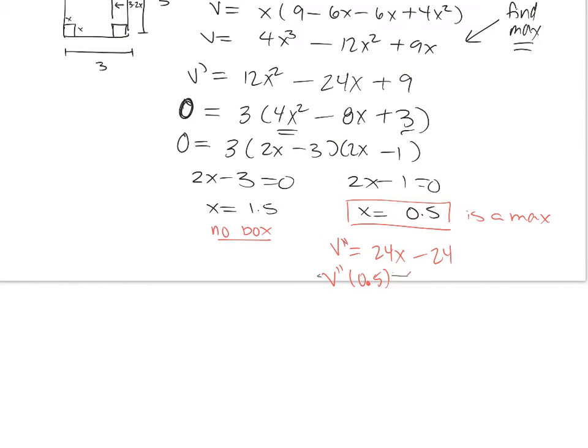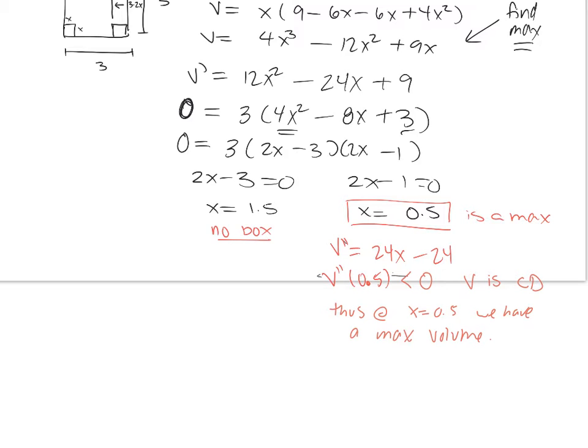And if the second derivative is negative, that means V is concave down. Picture in your head a concave down graph. If your graph is concave down at a critical number, then you have a max. So thus at x equals 0.5, we have a max volume.